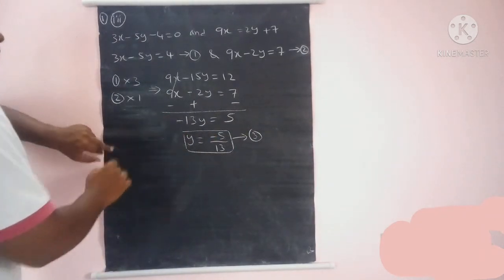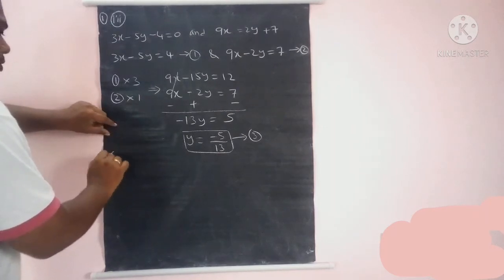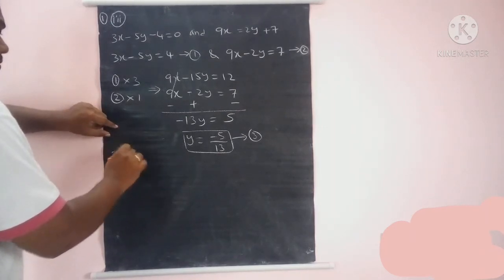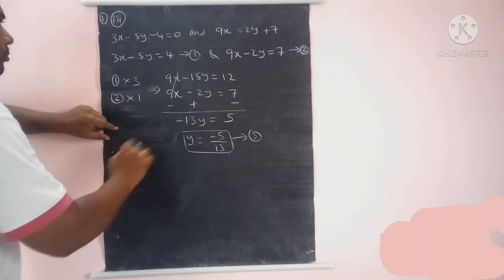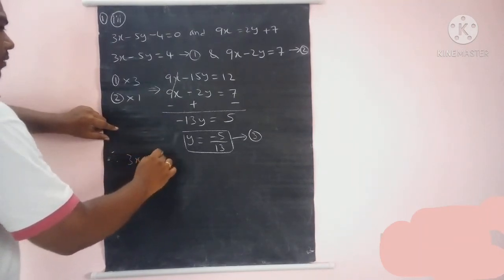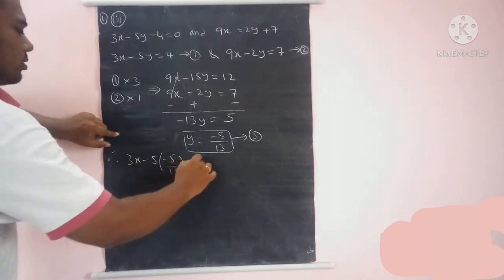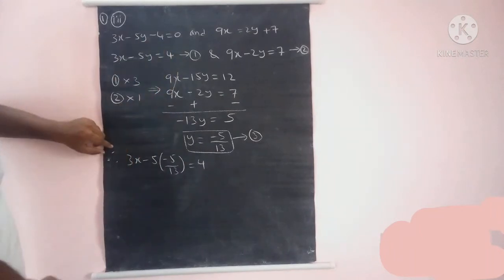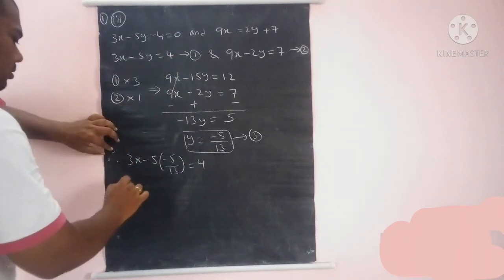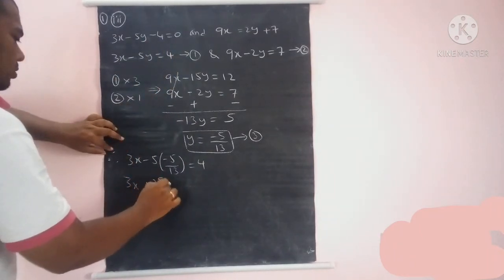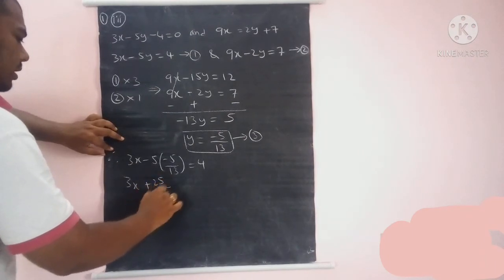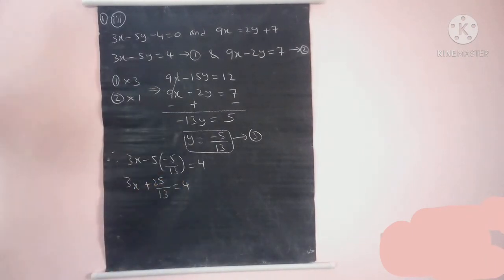Therefore we can write 3x minus 5 into minus 5 by 13 equals 4, just substituting in equation 1. 3x plus 25 by 13 equals 4.